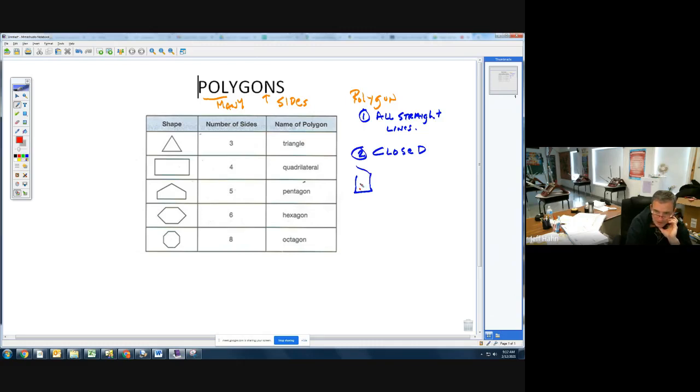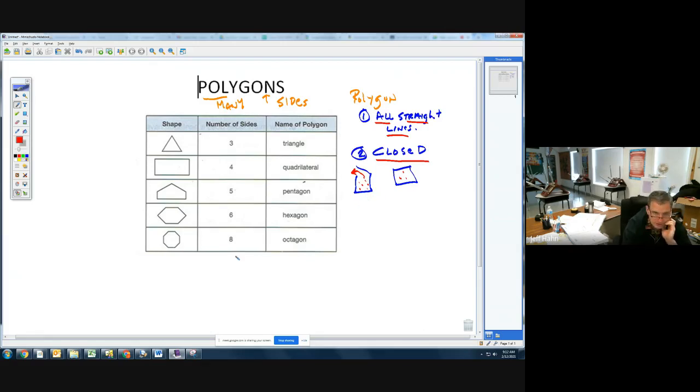If little ants inside this shape could escape out some opening in that shape, it is not closed. For something to be closed, it means there are no gaps between the sides. In other words, it would have to look like this. There's no way for the little ants to get out of the little building here. They would just keep running into the walls and the sides. So two things to be a polygon: must be all straight lines and must be closed.